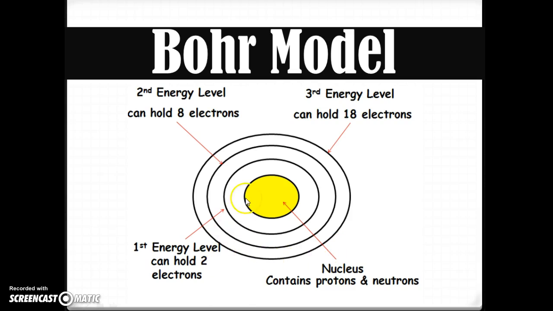So remember, in the nucleus, you will have your protons and neutrons, and in your energy levels or the electron cloud is where you will place the electrons. So remember these numbers. First energy level holds up to 2. Second energy level holds up to 8. Third energy level holds up to 18.